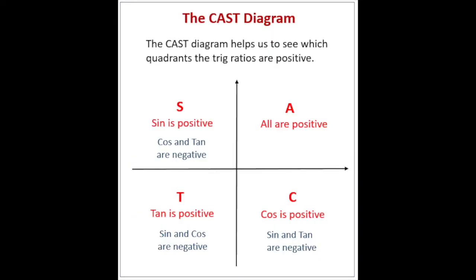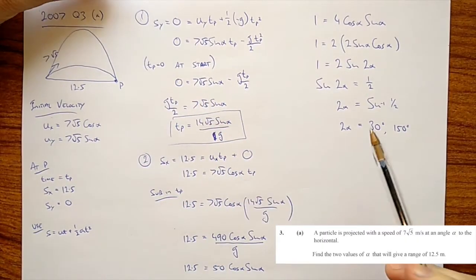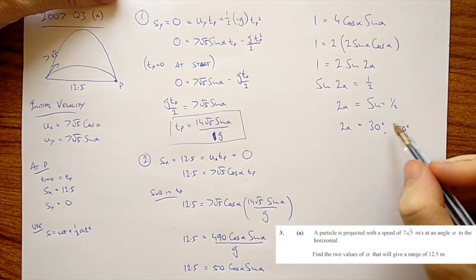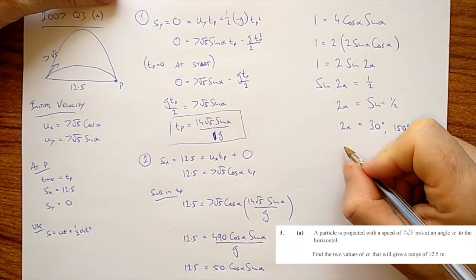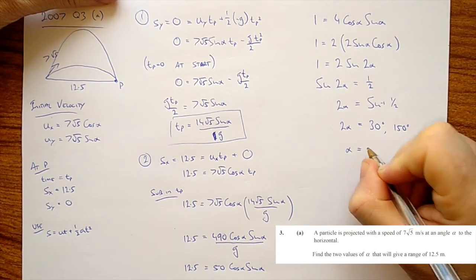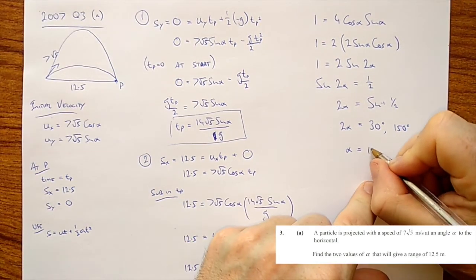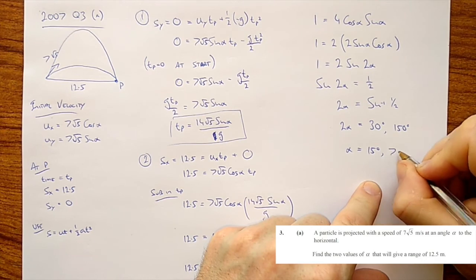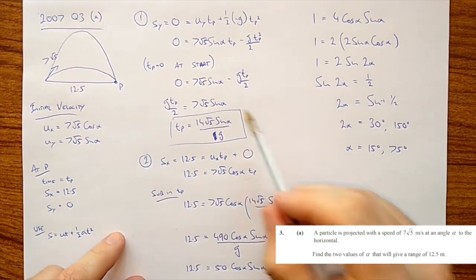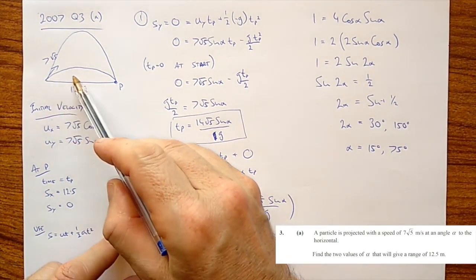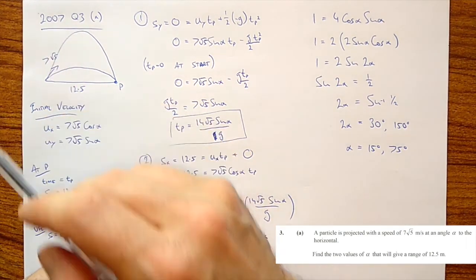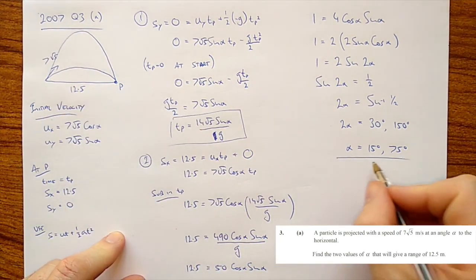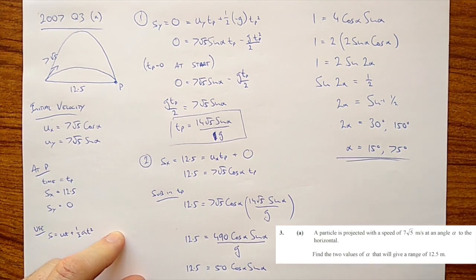If we look at the different quadrants, you're going to see the quadrant over here where sine is also positive, and 150 degrees is going to be the angle on that one. Don't forget the last little step, easy to let that slip. Alpha then equals 15 degrees and 75 degrees, which is just what we'd expected. A small shallow angle, a bigger steeper angle, one less than 45, one greater than 45. So there we are. Those are our two values of alpha.